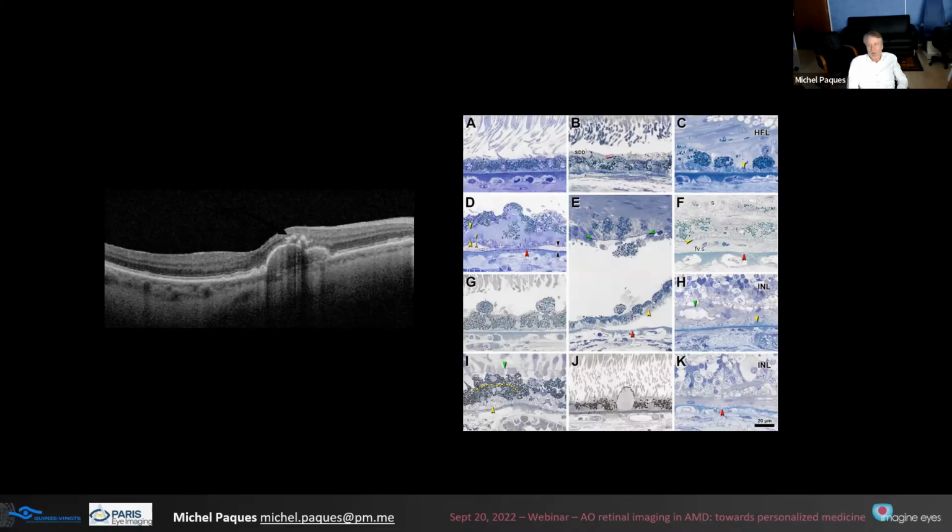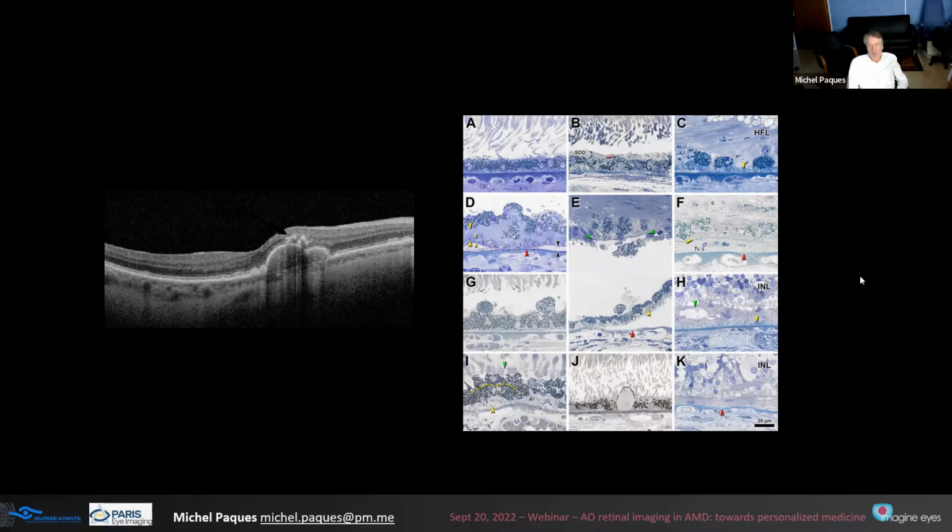And this is an illustration of the work from Curcio, showing the various phenotypes of pigment dispersion, of RPE cell dysmorphia, and so on. And this, I think, is an interesting biomarker that can be detected in vivo relatively easily, such as by OCT, for instance.